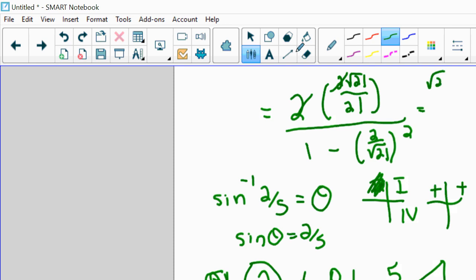Get the square root of 21 over 21 over 1 minus 4 over 21, which equals 21 over 21, 17 over 21. So you get the square root of 21 over 17. And the textbook says I'm off by 4. How did I do that?